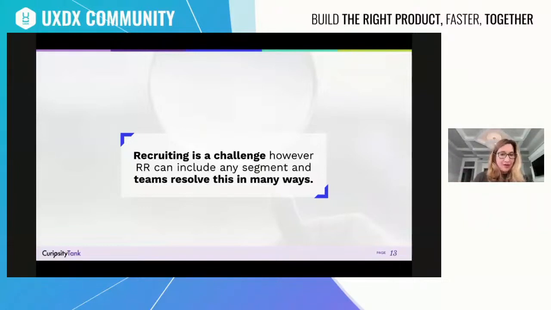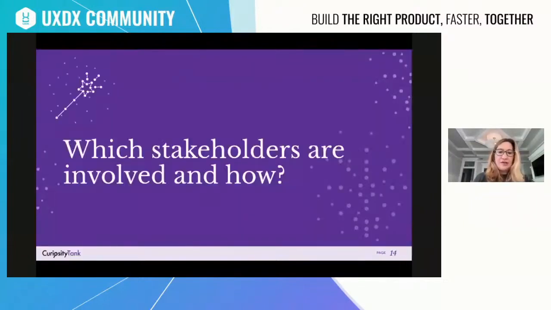So recruiting's a challenge to definitely consider when you're building any sort of rolling research program, but there's many ways to resolve this, as I've explored my own solutions and as I've had conversations with many other teams about how they go about this as well. I'm happy to answer any specific questions too.